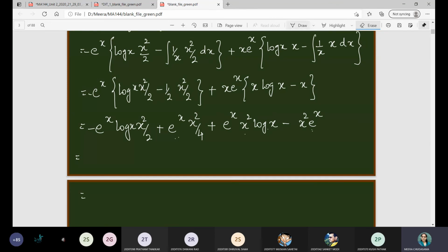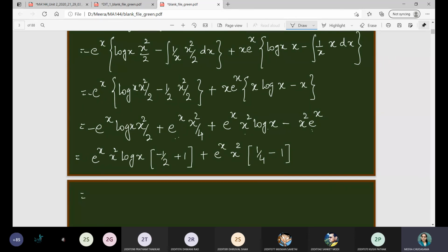Right, so here e raised to x, x square, then log x if I consider, then this is minus 1 by 2, and from here it is plus 1. Plus e raised to x, x square quantity if I consider common, then this is minus 1 by 4 minus 1.